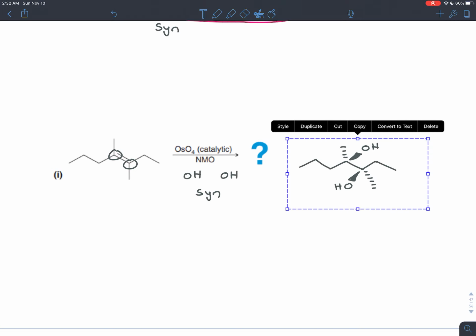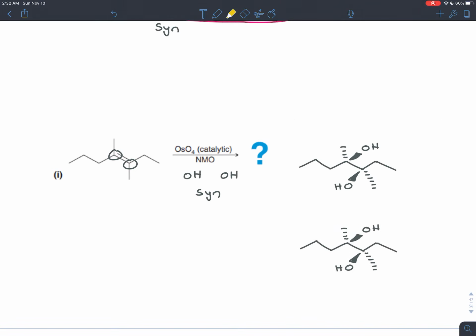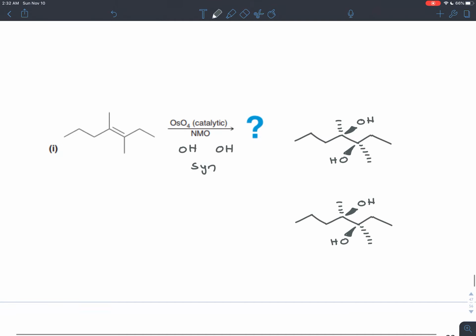We do have chiral centers though, and so we have to draw the enantiomer, because the original molecule, the alkene, was flat. The carbons in that double bond are trigonal planar, and that means the reaction can happen with equal likelihood on either face of the double bond. So if the reaction happened on the opposite face, you'd get the enantiomer. All of the solid wedges turn into dashed wedges.